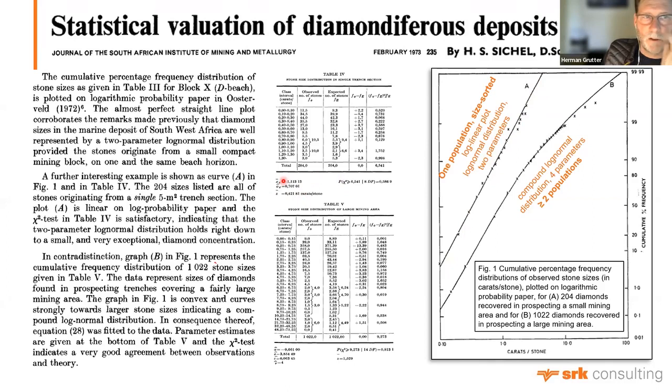But right in the early part of the development of this technology, Herbert Sichel had already seen sufficient evidence from marine diamond deposits where they're mixing differently sorted diamond populations to introduce the compound log normal distribution.